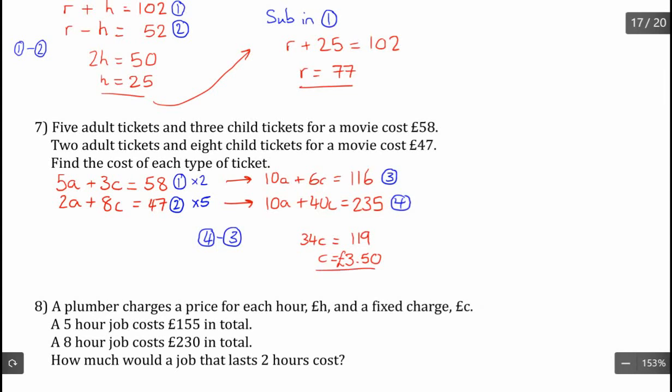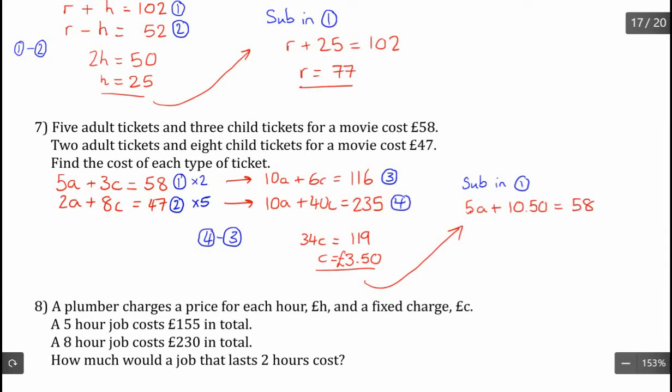And then we're going to come up here. We're going to sub that in to one of the equations, which is the easiest one, probably equation 1. So 5 adult tickets plus 3 lots of that, which would be £10.50, equal 58.